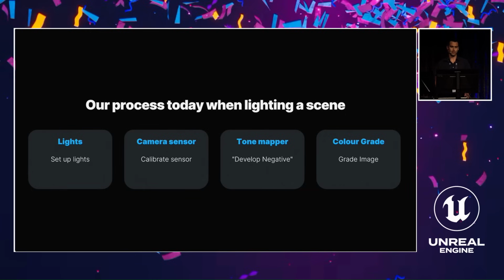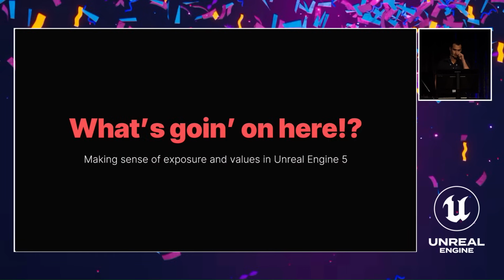But today what we're going to go through is the lights, because there's a lot to learn about how Unreal deals with their lights. And then once we understand lights, we're going to deal with how Unreal uses the camera, and then from that, the tone mapper, and then we'll do some color grading.